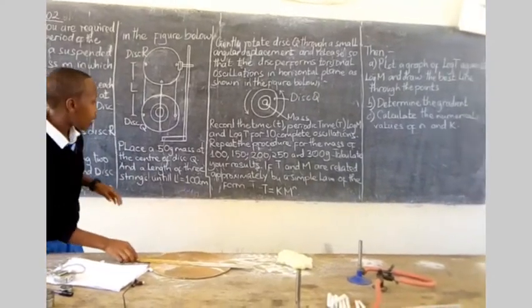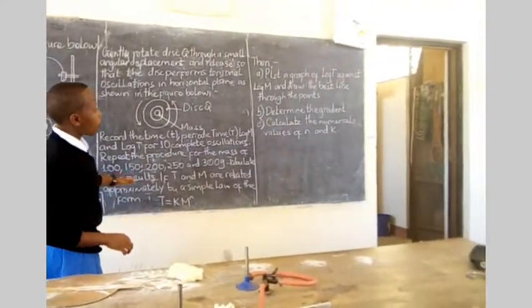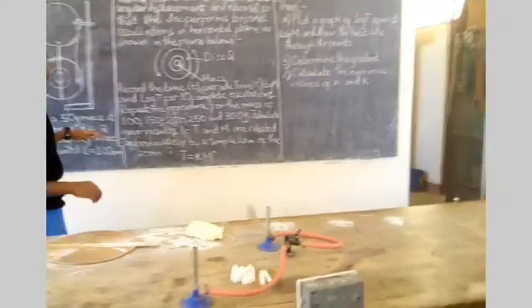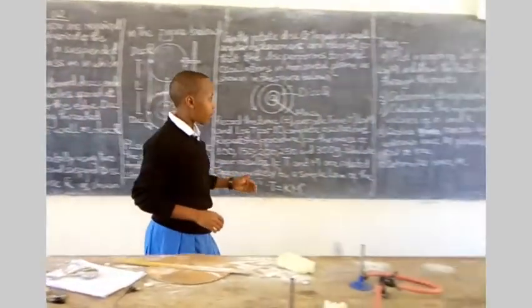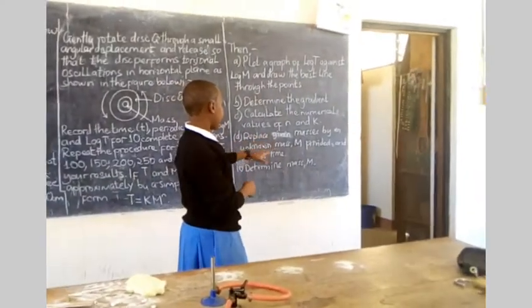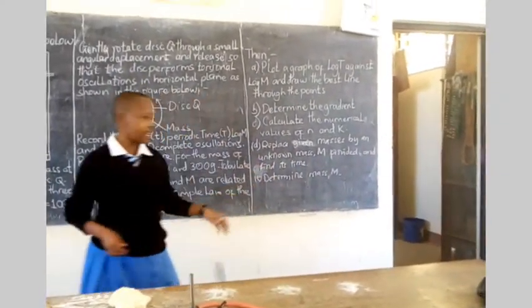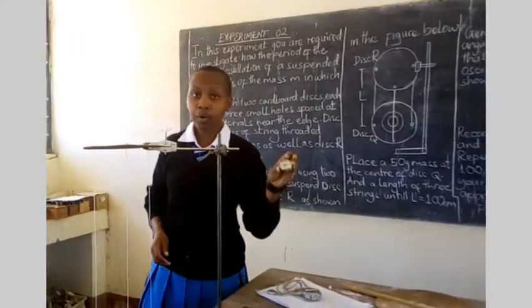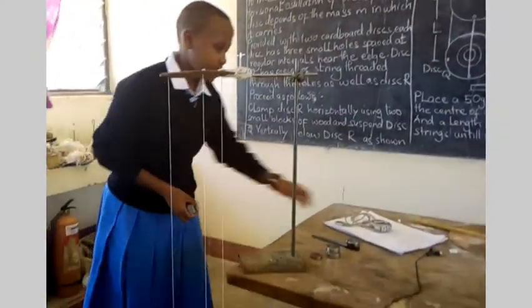But then, from our question, we were told to replace the given masses with an unknown mass m provided, and to find its time and record it. This is our mass m. That means it is an unknown mass. So we repeat the same procedure.